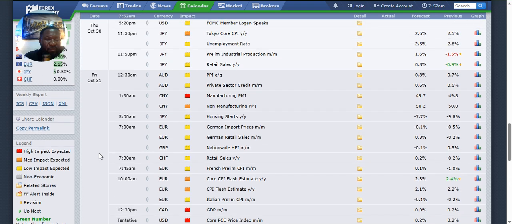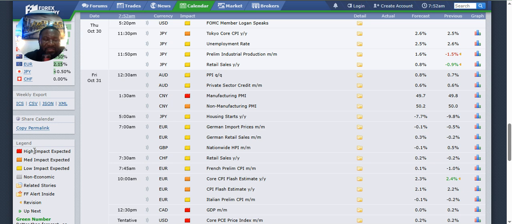Now let's go to the right side, the legend. Anytime you see the red envelope, it means high impact news is expected, meaning traders have to be very careful around that zone.